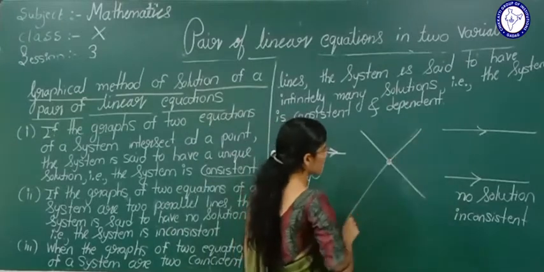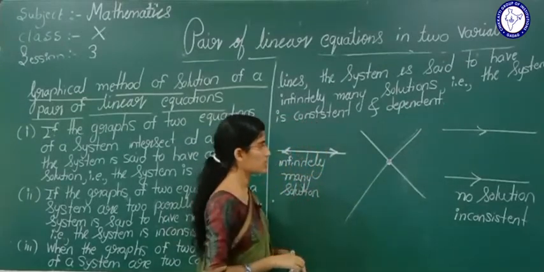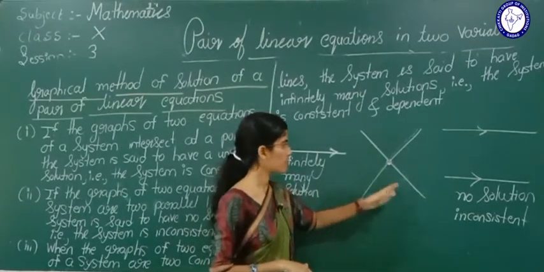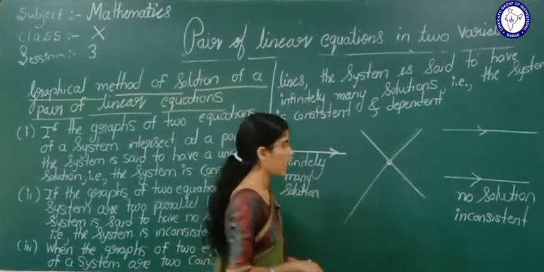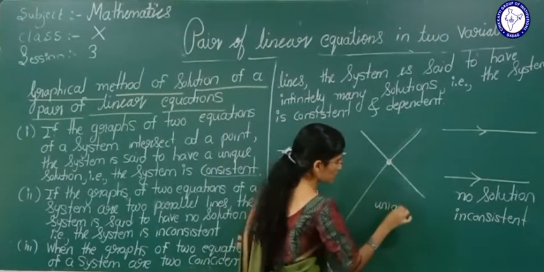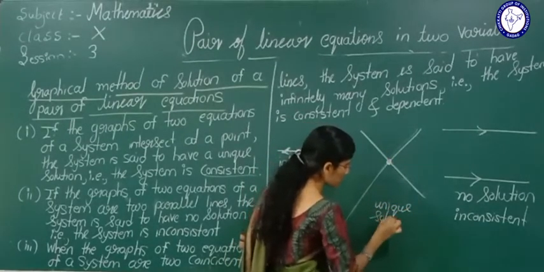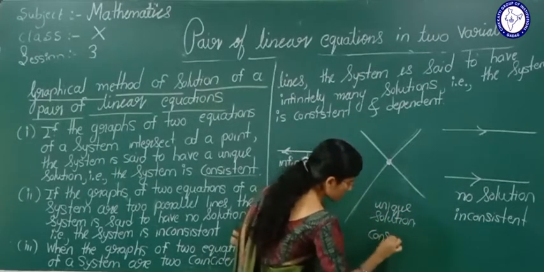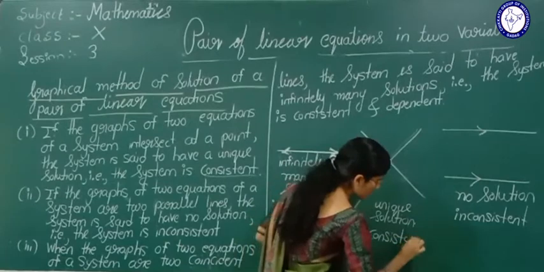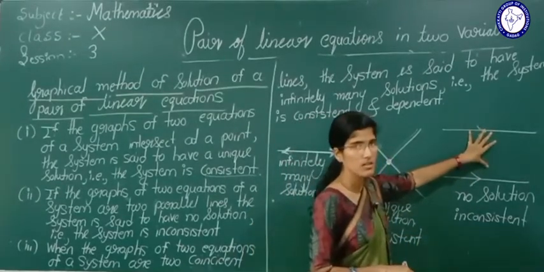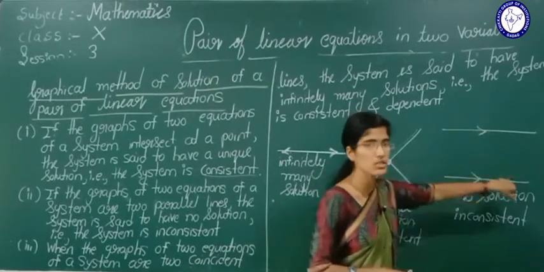If the system of two linear equations intersect, at that time we can say the system has a unique solution. For this system we say consistent. If two lines are parallel, for that system we have no solution.